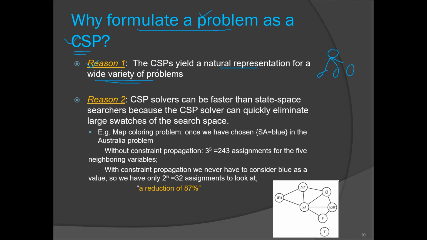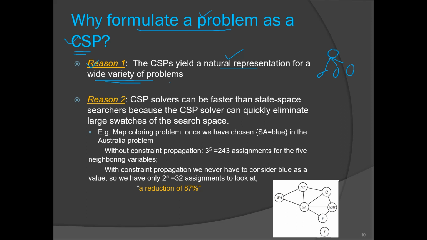CSP yields a natural representation for a wide variety of problems, because in any problem that you consider, there will be some constraint. We have seen the example of the 4 queen problem. The constraint was that there should be a single queen in one particular row.